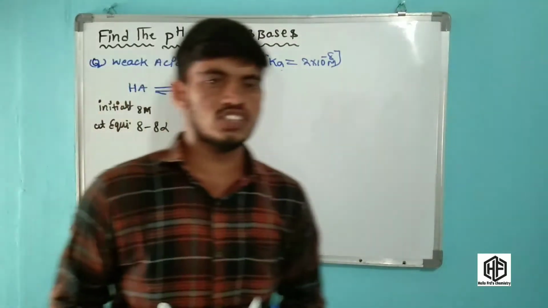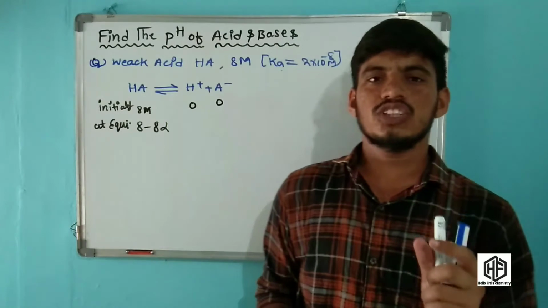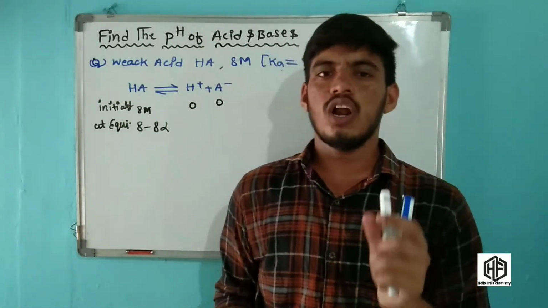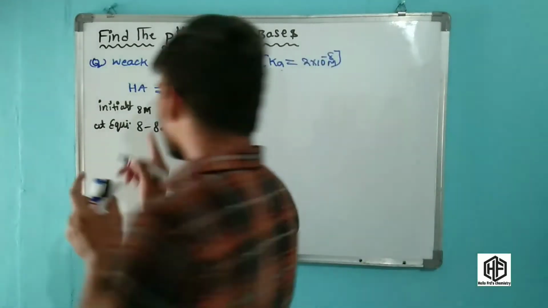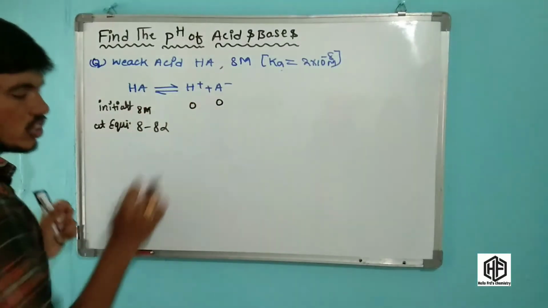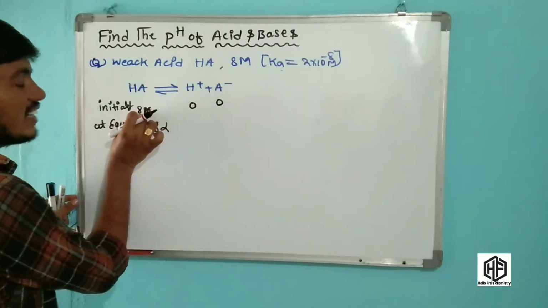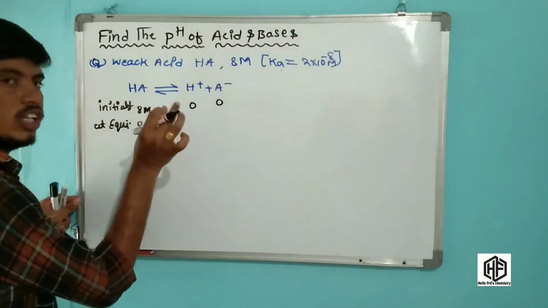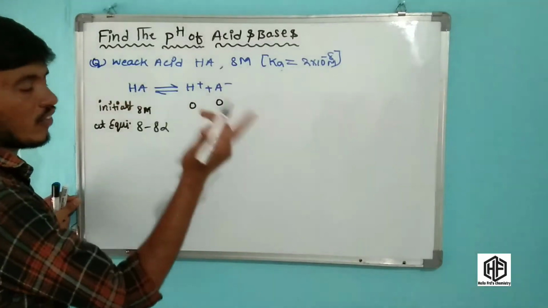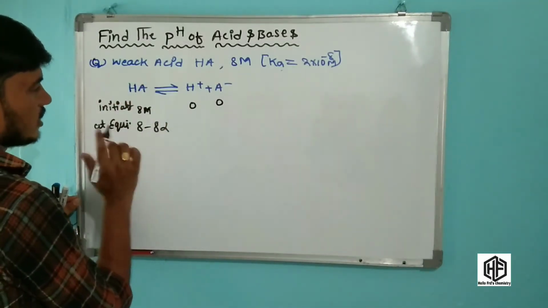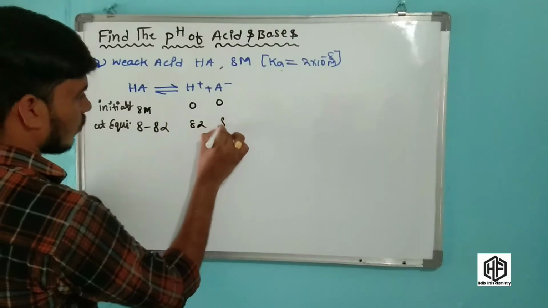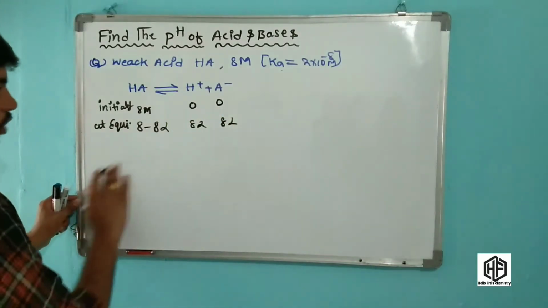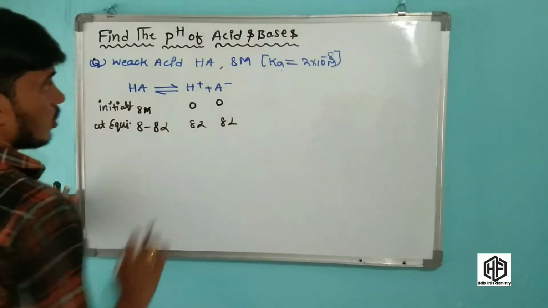Friends, the degree of dissociation is the number of moles dissociated per mole of reactant. Now if one mole is present, alpha moles are dissociated, but in this case 8 moles are present, so 8 alpha is dissociated. Now 8 minus 8 alpha, and 8 alpha, 8 alpha. Okay friends, this is the very important step.